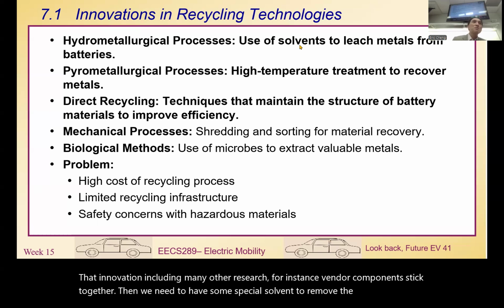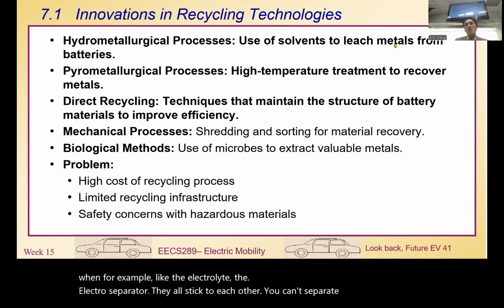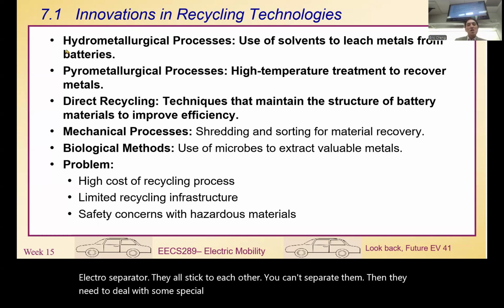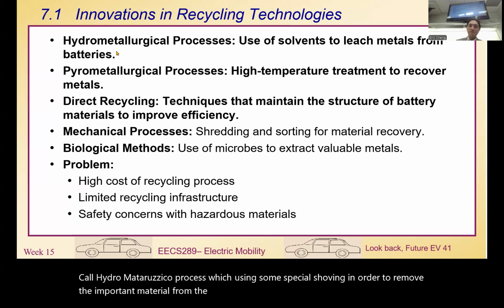Because, for example, the electrolyte and the separator all stick to each other. You can't separate them. Then they need to develop a special method called the hydrometallurgical process, which uses a special solvent in order to remove the important material from the battery. So that's the solvent technique.